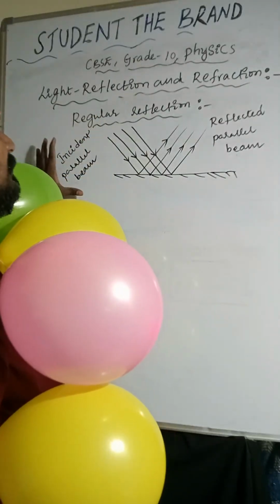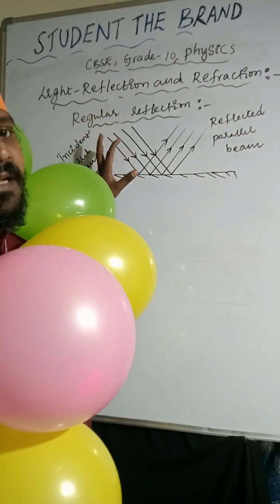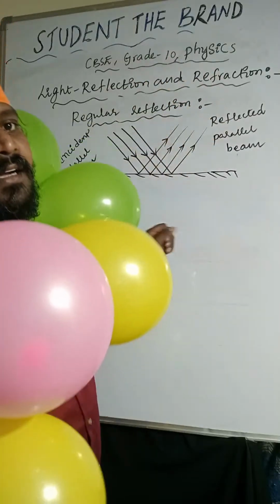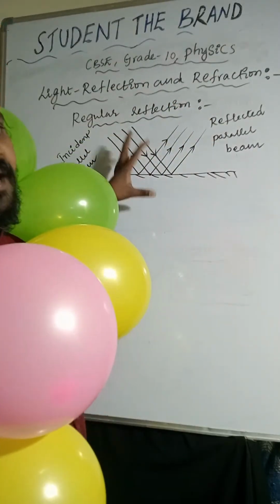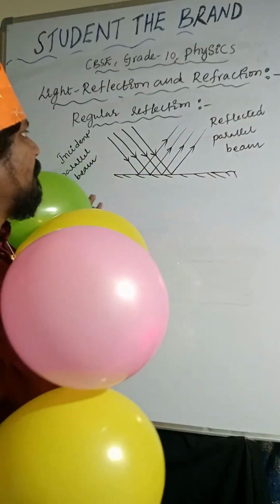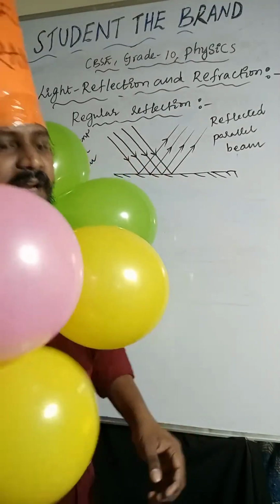All incident light rays are parallel to each other, and the reflected light rays are also parallel to each other. This type of reflection is called regular reflection.